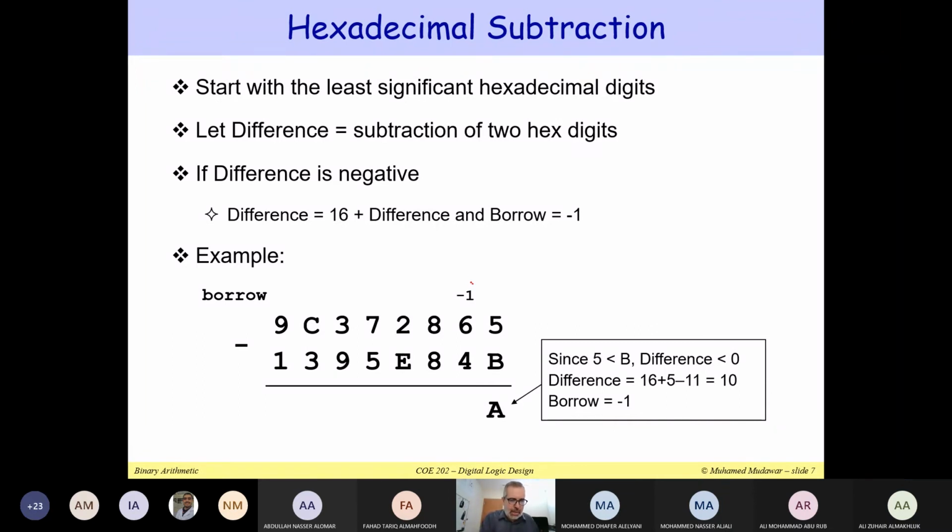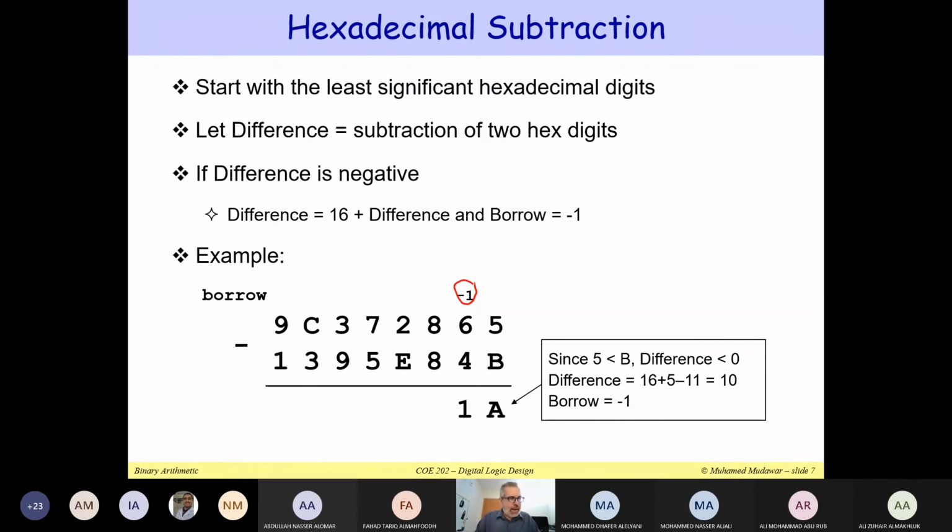Now I'm putting minus 1 just to remember that you have to subtract it from the 6. So 6 minus 1, you get 5. 5 minus 4, you get 1. That's easy. So we borrowed this 1 from the 6, it became 5, and then 5 minus 4 became 1.